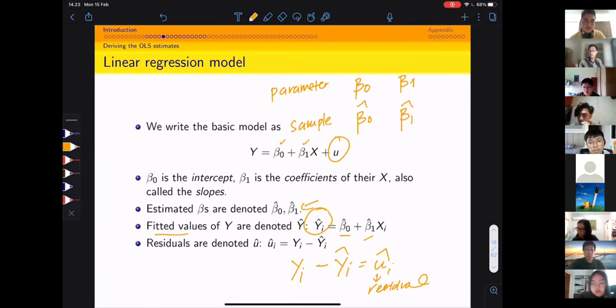The residual is an artifact of the model that we care about. Before I go on, any clarifications on the notation that I use in this slide? Please distinguish between beta 0 and beta 0 hat, and also between beta 1 and beta 1 hat, because these are very different concepts.